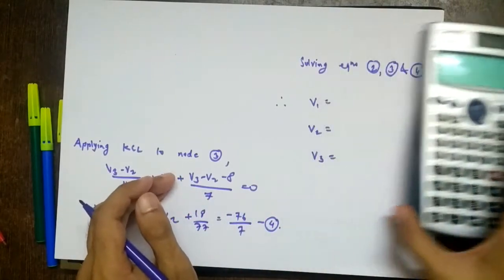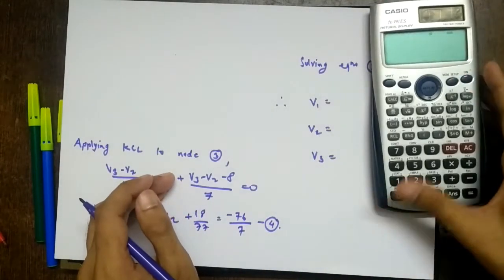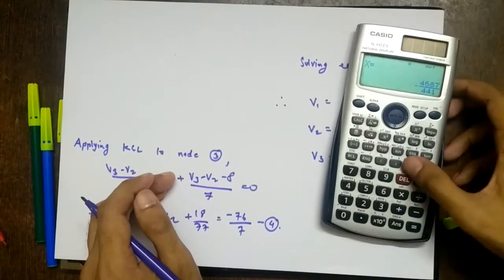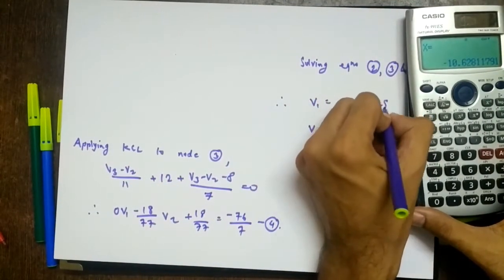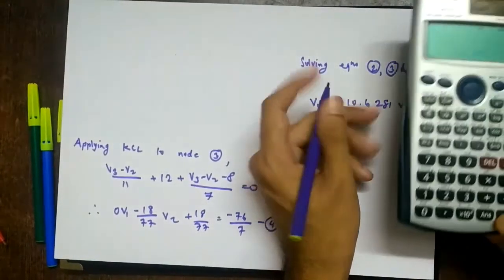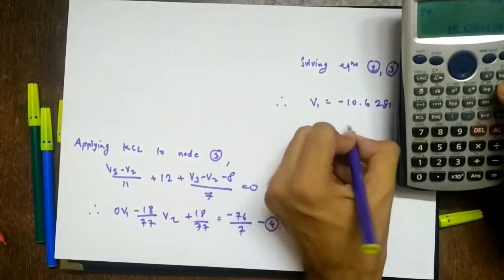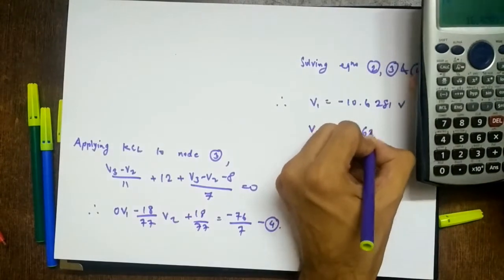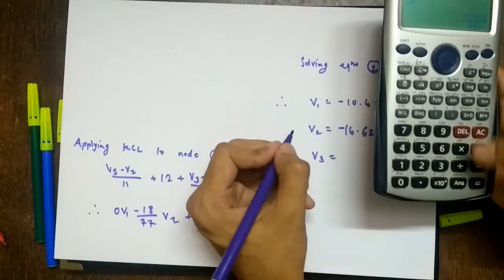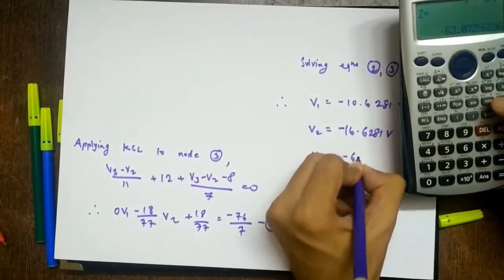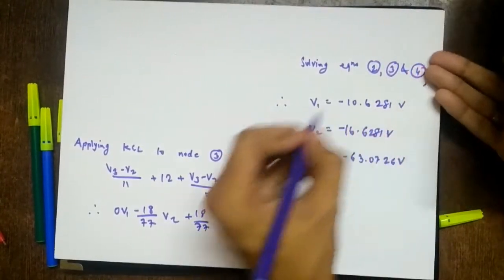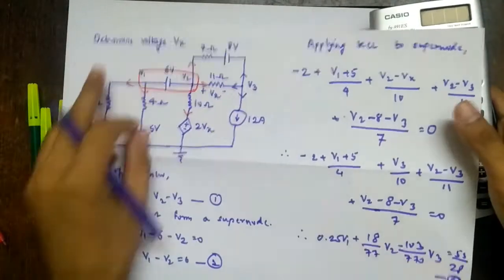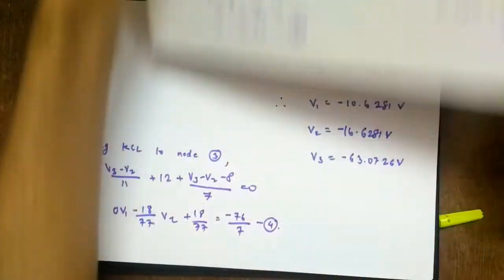So we'll get V1, and we'll write the exact value now, as minus 10.6281 volts. V2 is minus 16.6281 volts. V3 is minus 63.0726 volts. But what is the question? Determine voltage Vx.